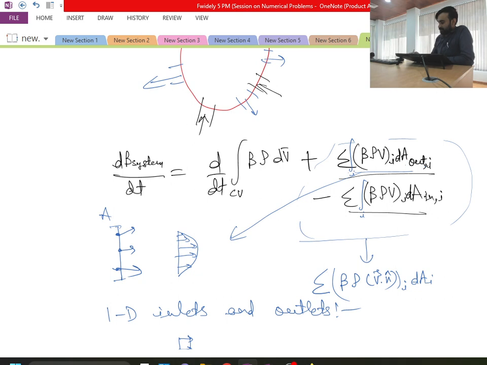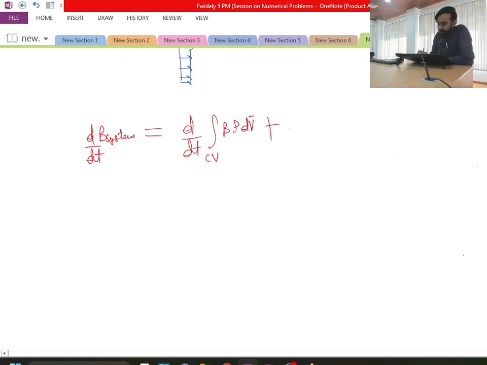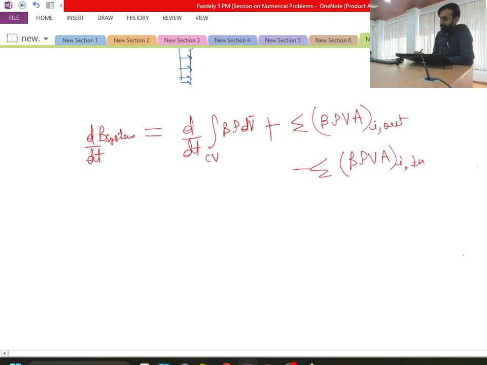So I can write now only a simple summation without integration: beta rho v into A for the ith point at outlet minus beta rho v A for the ith point at inlet. Point is clear? Now, what is this rho v A?